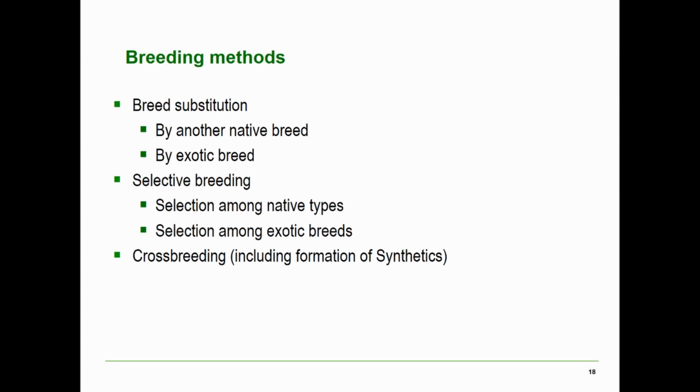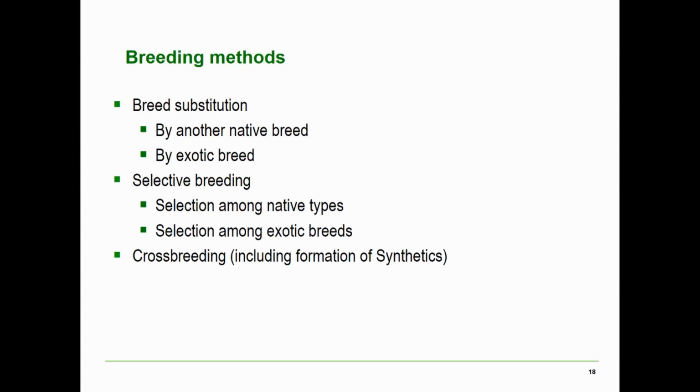Because of this, we might consider, and this is often done, selective breeding or basically an improvement of the local breeds. We can do a selection among native types or local breeds, but we can also bring in exotic breeds and try to do a breeding program to improve their capabilities to adapt to the local environments.